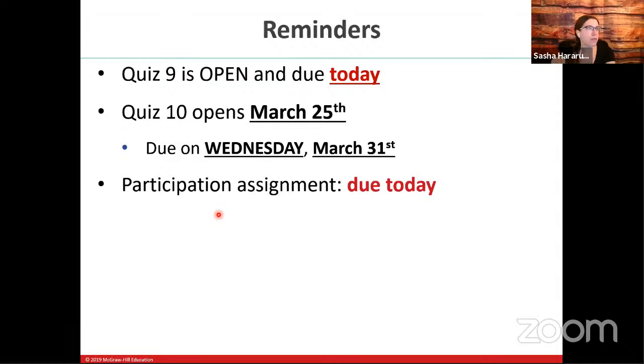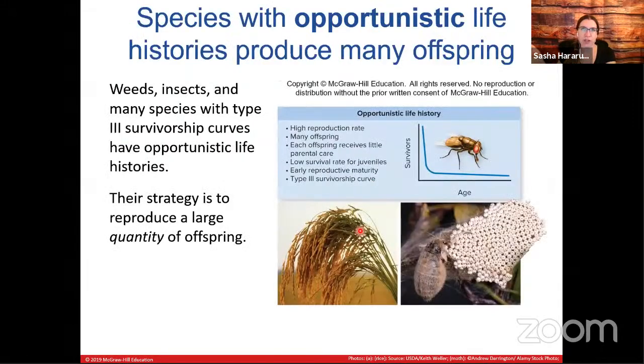Last time on Monday, we finished looking at life strategies of various groups of organisms, various populations, I should say. We looked at survivorship tables and survivorship curves over age. From there, we found out that there are 3 types of survivorship curves: type 1, type 2, and type 3.